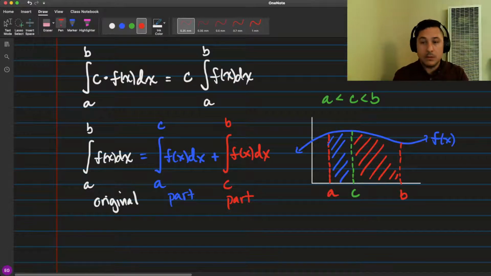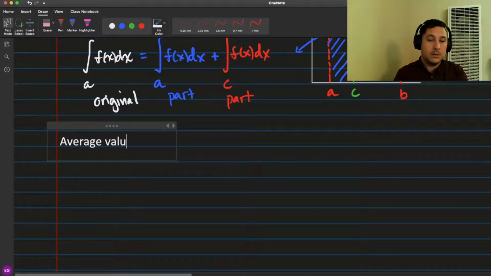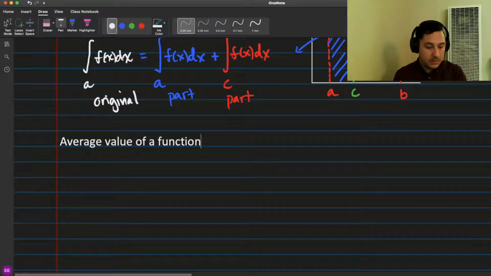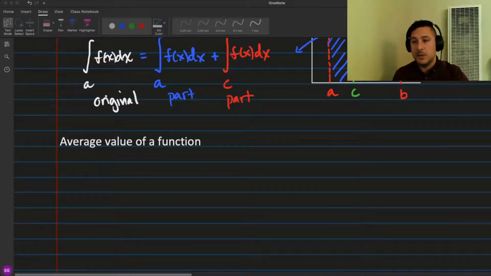Scroll down a little. Let's talk about the average value of a function. If you have a bunch of numbers, how do you calculate an average? If I give you a bunch of numbers, how does one calculate the average? We're going to use integration to talk about averaging. You add them together and you divide by the amount of numbers, yes.